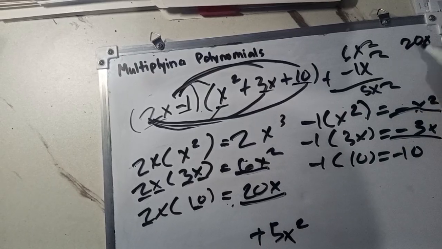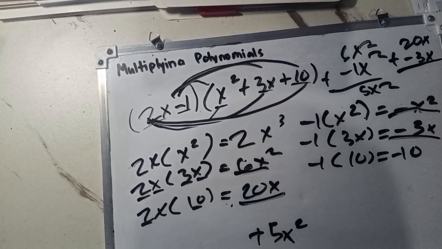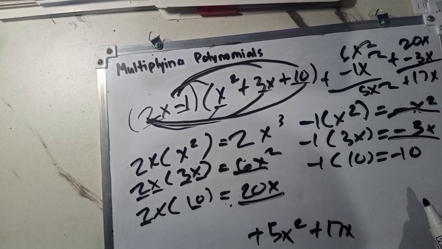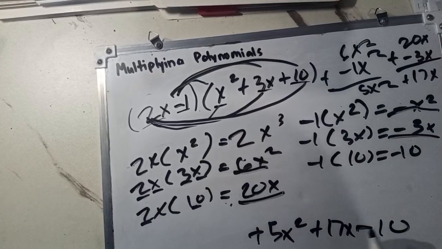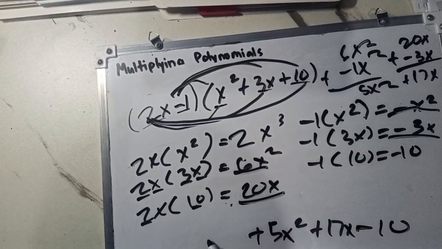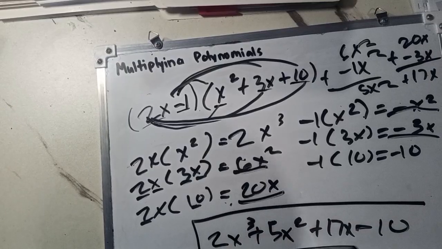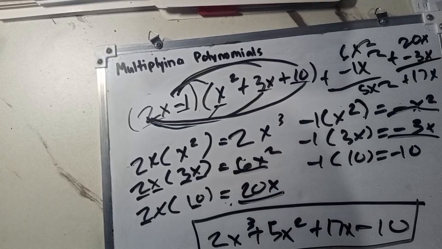So, 20x plus negative 3x, that is 17x. Positive 17x. So, we will put that in this part. So, copy negative 10 and 2x cubed. So, our answer is 2x cubed plus 5x squared plus 17x minus 10.